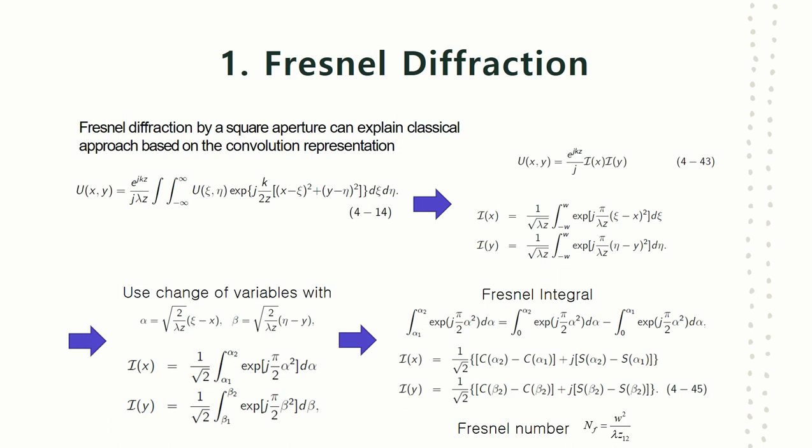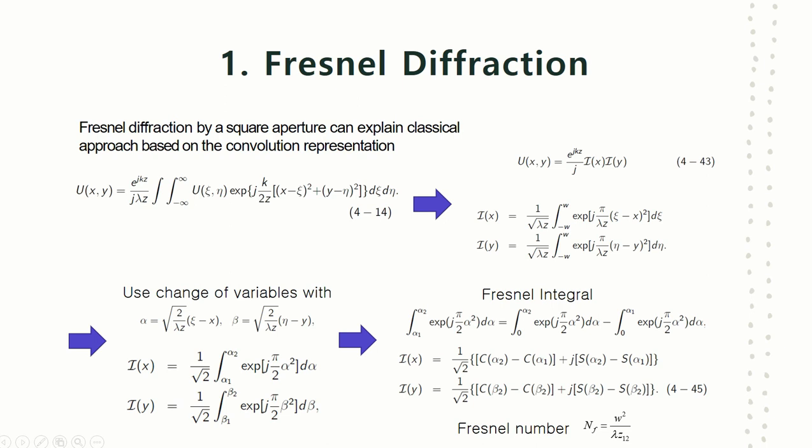Fresnel diffraction by a square aperture can explain the classical approach based on the convolution representation. From equation 14, if we consider a square aperture of 2w width, the convolution form can be replaced with the product of two I functions.